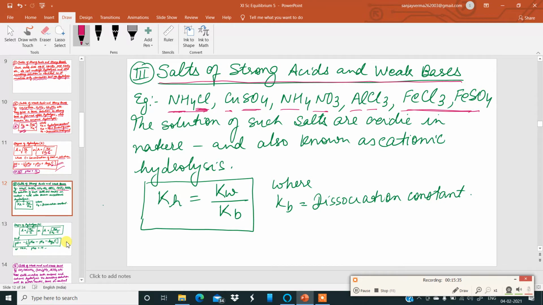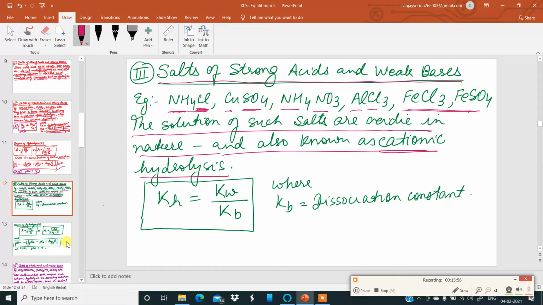The solutions of such salts are acidic in nature and this is also known as cationic hydrolysis. The previous one was anionic hydrolysis. Here it is known as cationic hydrolysis. Why cationic? The cation is the weak part over here.